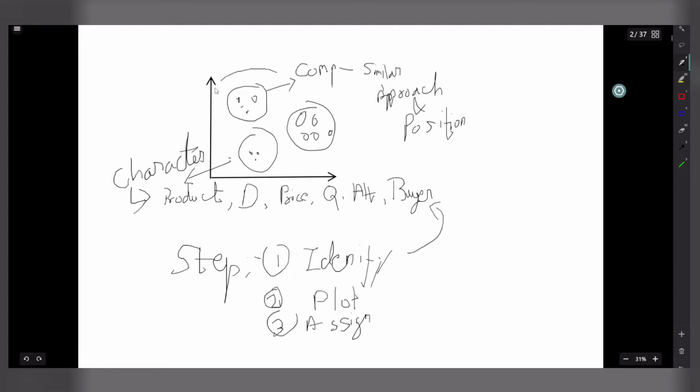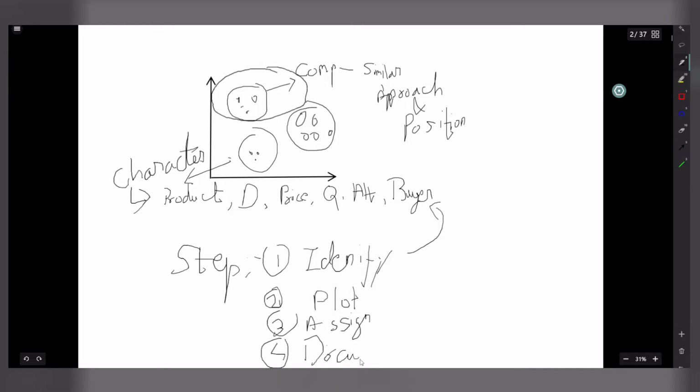If they have more market position, more impact, more market share, then we'll give them a larger strategic space. The last step is to draw circles around them.